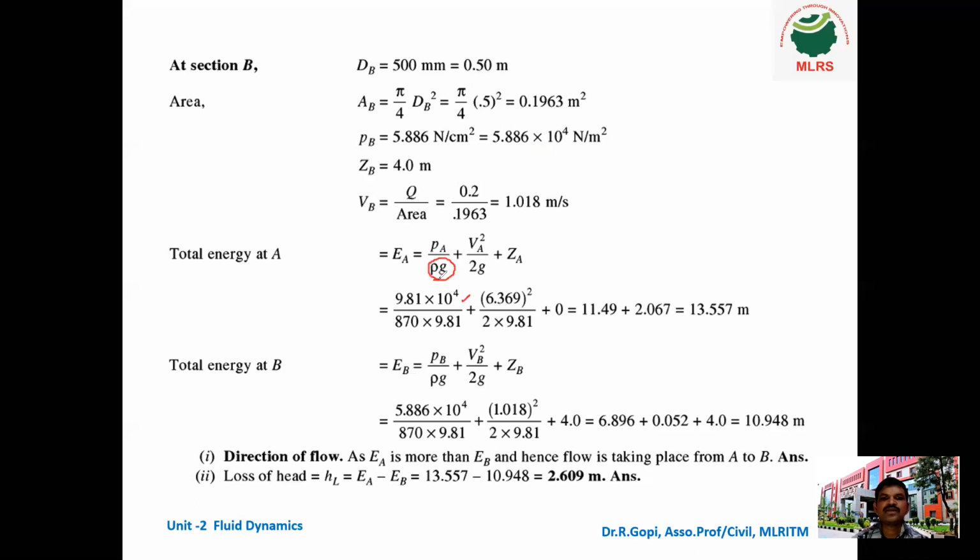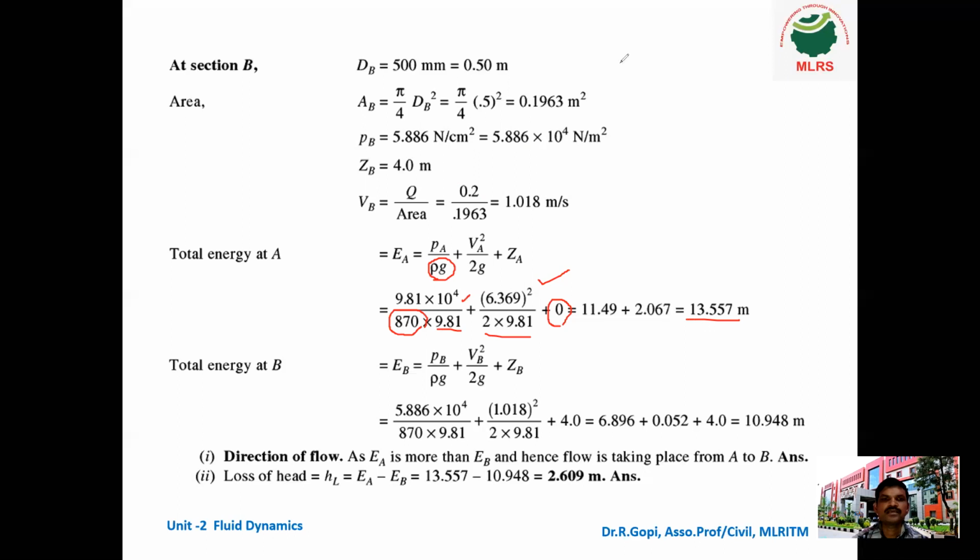Don't forget, here rho is not 1000. This is not water. So here rho is 870, multiplied by 9.81, plus 6.369 square divided by 2 into 9.81, plus ZA equal to 0. So finally we get an answer 13.557 meter.